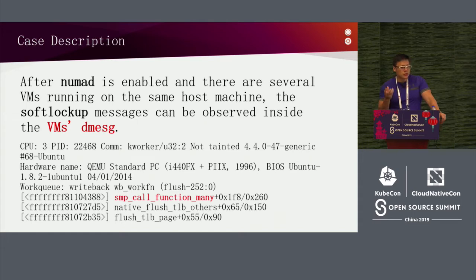And NUMA is enabled, and the NUMA daemon is enabled too. There was some lockup in it. So I wanted to go inside and check it.